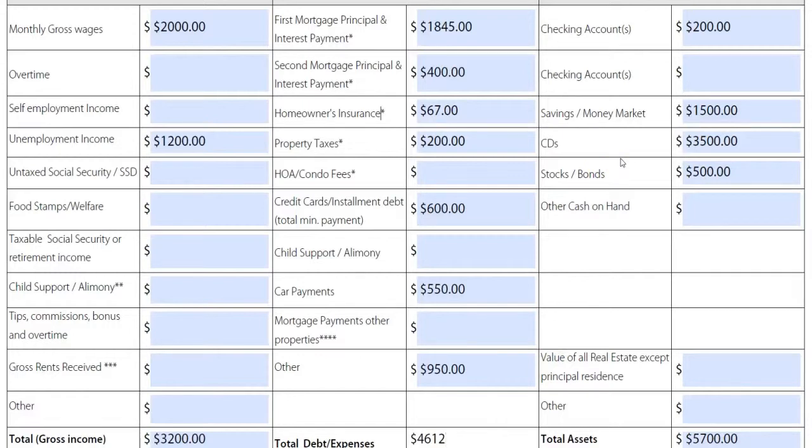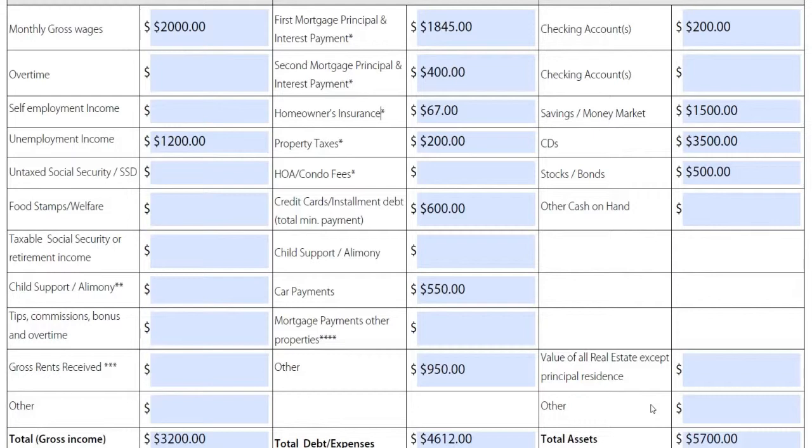Now, household assets. The first couple ones are kind of self-explanatory: checking accounts, saving accounts, CDs, stocks, other cash on hand, and the value of real estate other than the principal residence. It's important to understand that they will pull your credit history.